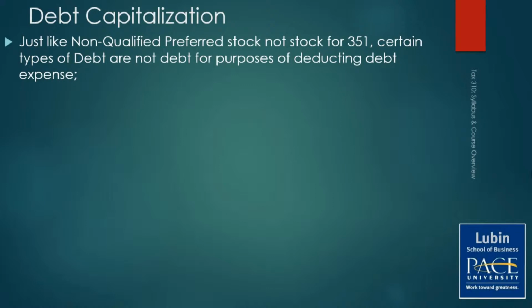So next, let's think about debt capitalization a little bit. You can imagine a scenario where debt is similar to contributions of capital or stock in a company. When you typically think of stock, there are a number of attributes to stock that you'll think of. And when you think of a bond or debt, there are a number of attributes to that.